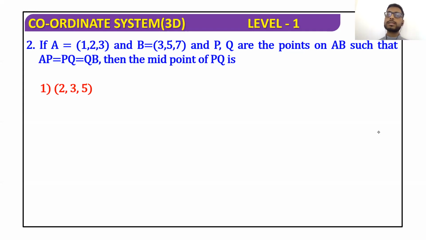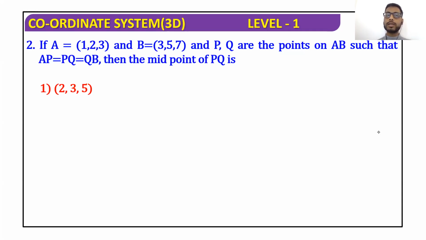It is given that I have my point A, I have my point B, and some random condition is given, which is AP is equal to PQ is equal to QB. Can I use this knowledge and get my points P and Q? The answer is no. You cannot get the points P and Q. So this approach won't give you your answer.